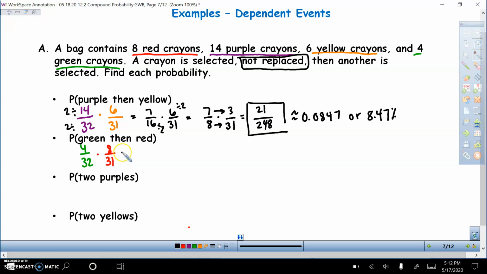Simplify those fractions if you can. So 8/32 actually simplifies down to 1/8. And then times 8/31. But then you'll notice you have an 8 on top, 8 on bottom. So you can actually take and cancel out those 8s, and you're left with 1 out of 31.